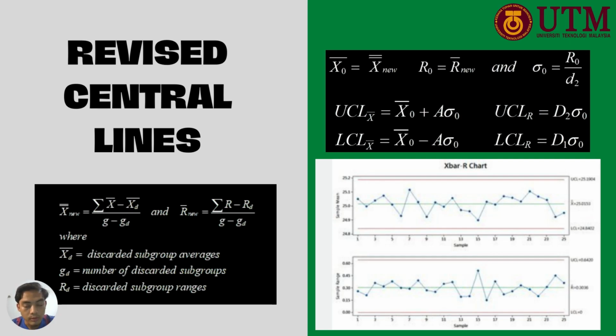D2 can be found from the table. So when we plot the graph, there are no values above the upper control limit or below the lower control limit.